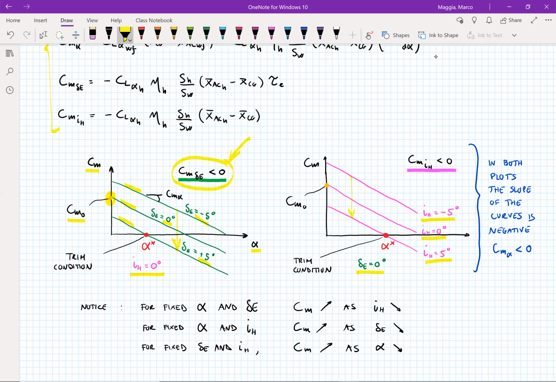Now, the other thing is that when we intersect one of these curves, actually, could be any of them, with Cm equals 0, then that corresponds to a trim condition, because Cm equals 0 is the trim condition.